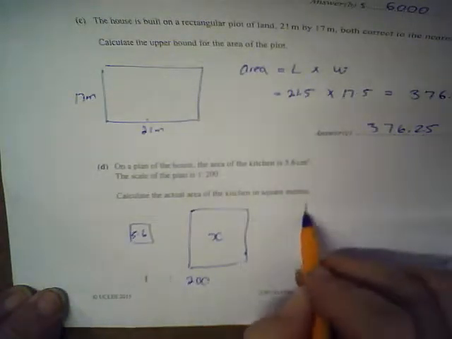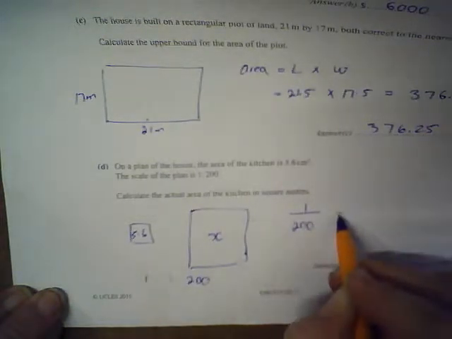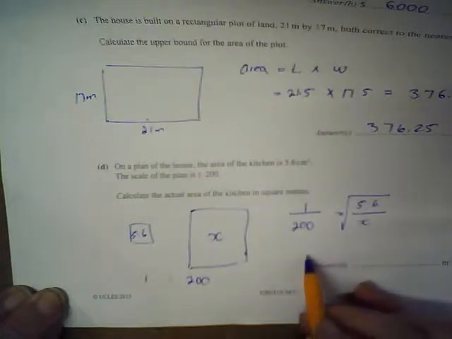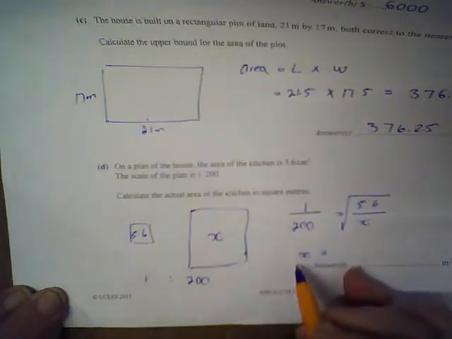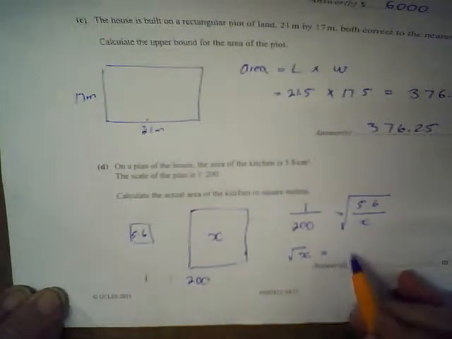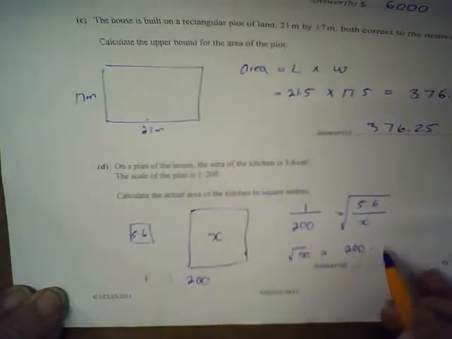So that would give me a ratio of 1 to 200 equals the square root of 5.6 over x, because we know that it must be squared, so I can actually find x. The square root of x first, that would be 200 times the square root of 5.6, and then if I do the calculation, I find x, and they want it in terms of meters.